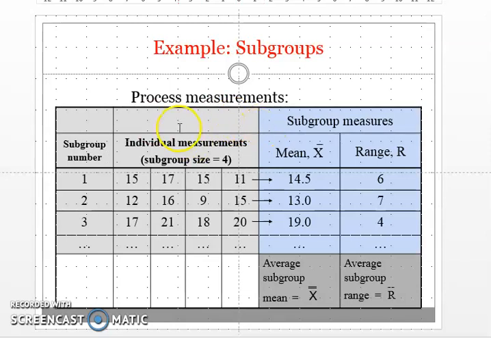Here they have given an example. Suppose in process measurement there is one subgroup of a lot. They have taken a subgroup size of 4 and calculated the mean and range for this subgroup.